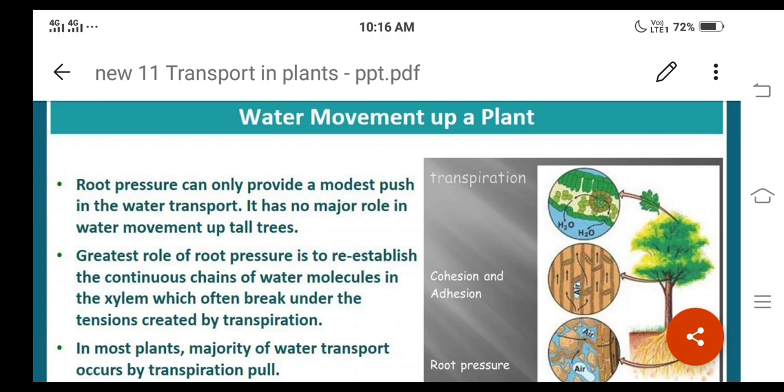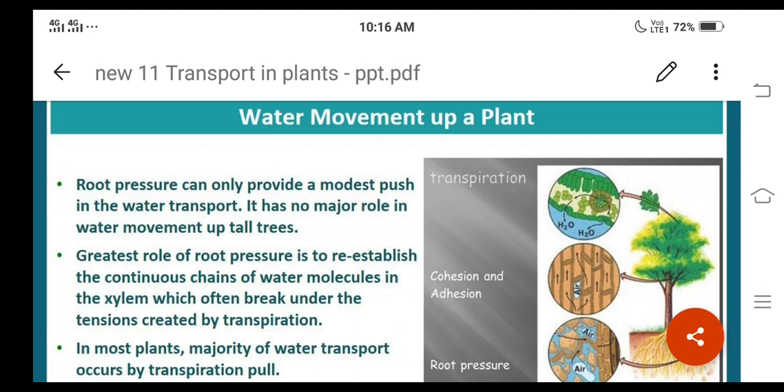Only to some extent, due to this pressure water can move in the plant, right? It has no major role in water movement up tall trees. Tall trees means what here? The trees which have 100 or more than 100 meters height, or 120 meters height, right?